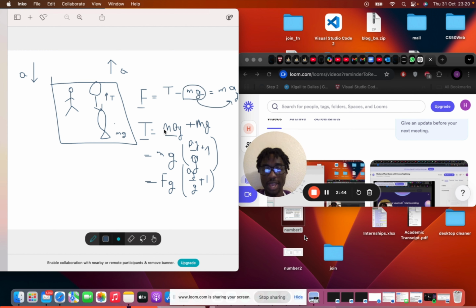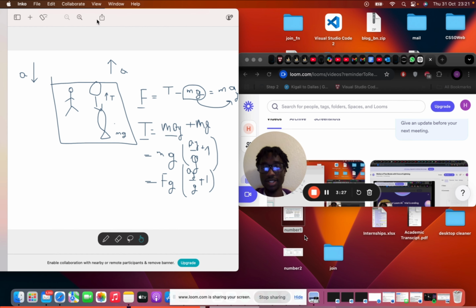If we factor mg out, we already have mass and gravity here, so a_y over g will multiply here, and we'll be left with a_y over g plus 1. So this is the final formula: tension equals Fg, the force of gravity, times (a_y over g plus 1).